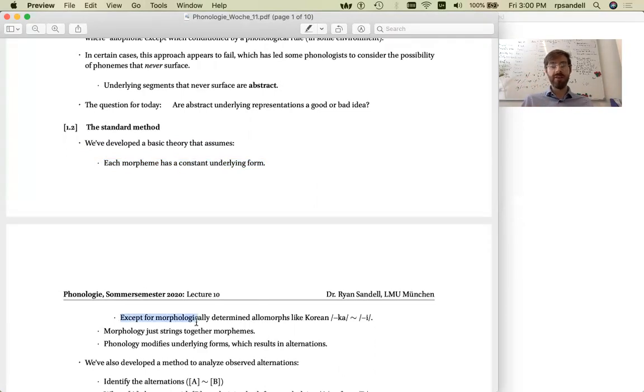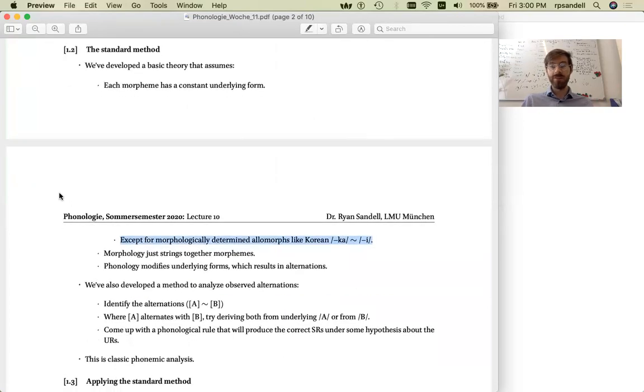There are some cases of morphologically determined allomorphs, like the nominative suffix in Korean that we talked about a few weeks ago, it feels like much longer ago. But otherwise, it's essentially just the task of the morphology to put a sequence of morphemes together, and then it's the task of the phonology to modify those underlying representations and produce the alternations.